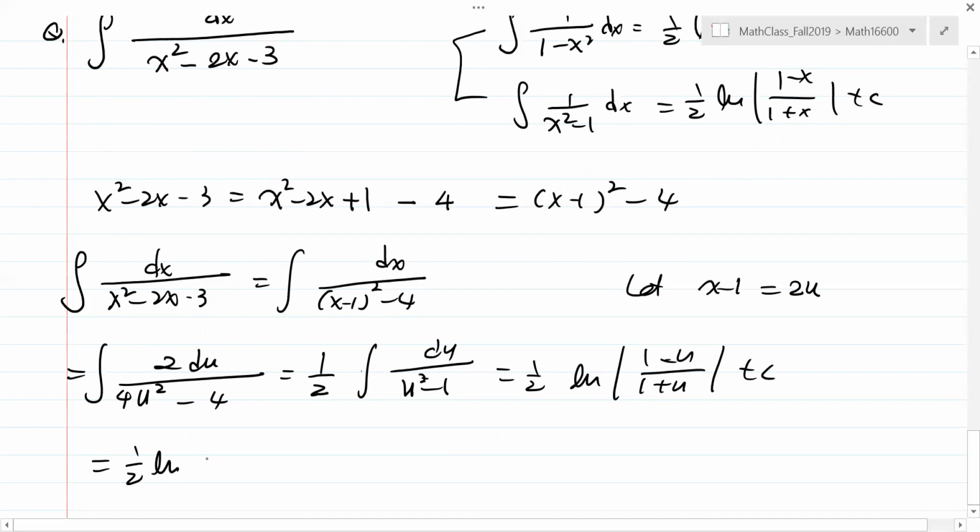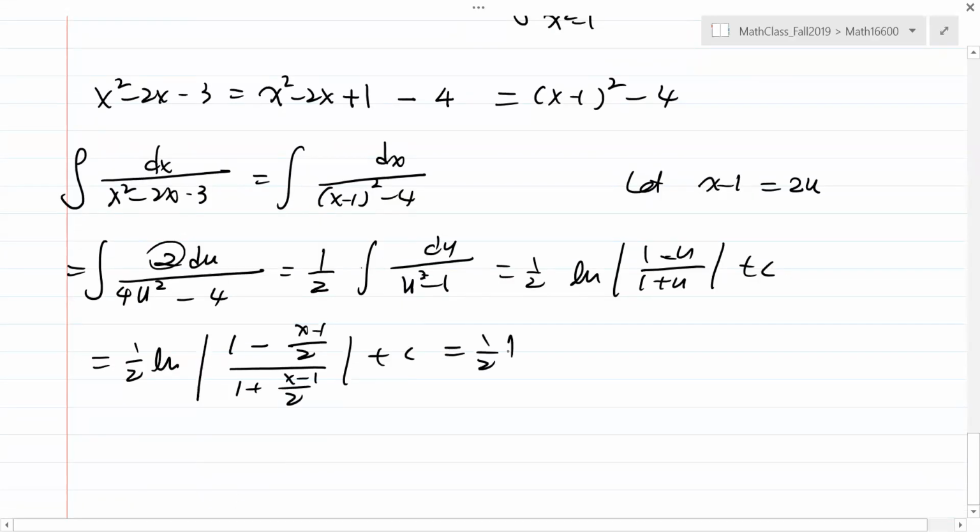Take 2 out, there's 2 on the top, that's 4. 2 over 4 is 1 over 2. So 1 minus half of (x minus 1), over 1 plus half of (x minus 1). And then you simplify it. When you simplify, the 2s cancel out. 2 minus (x minus 1) over 2 plus (x minus 1), plus constant.